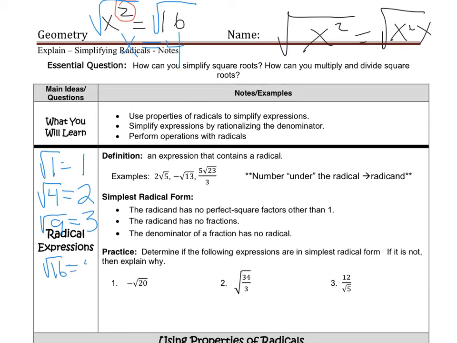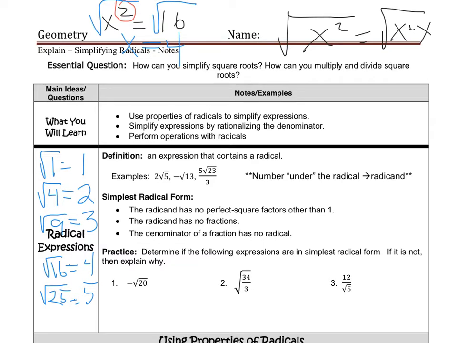The square root of 16 is 4 times 4, so it's 4. How about the square root of 25? What number can you multiply times itself and get 25? That's right, 5. So the square root of 25 is 5. For right now, I won't do the next 5, but you should know them. The square root of 36 is 6. The square root of 49 is 7, and so on.